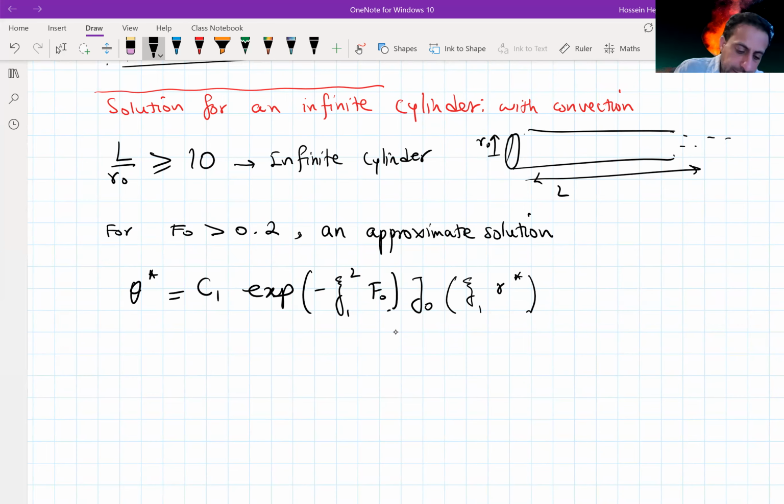This is the variable with time, and this is the variable with space, or r star.